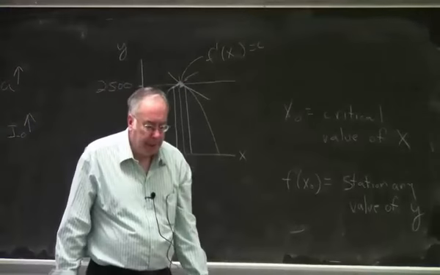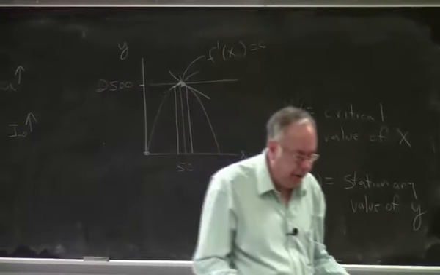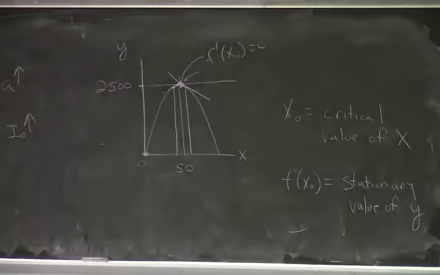Okay. So a negative second derivative in conjunction with a first derivative that's 0 guarantees that you have what at x of 0? A maximum.